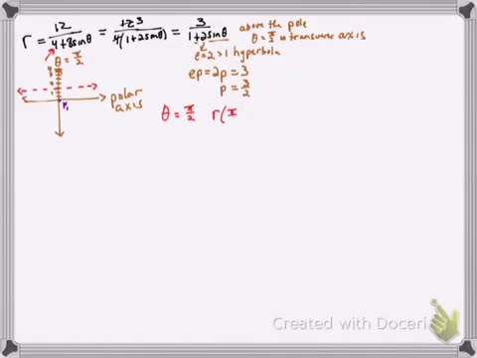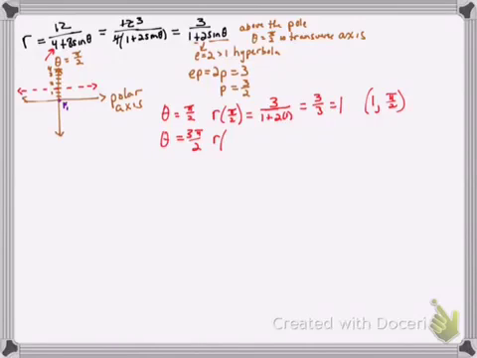So I plug in the pi over 2 for theta, and then we have 3 over 1 plus 2 sine of pi over 2, which of course is 1. So this actually makes things really easy for us. That's 3 over 3, which is 1. So one of our vertices is going to be 1, pi over 2. Then for the next one, it's basically the same line, but we'll use theta equaling 3 pi over 2.